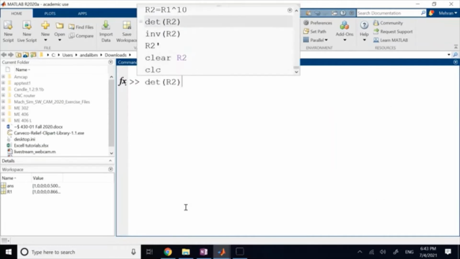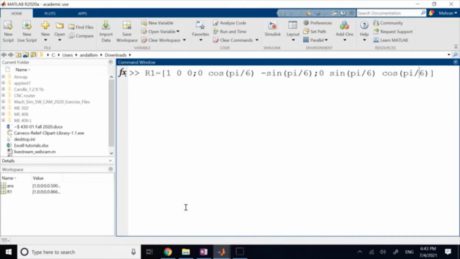So let's say this R1 was the X rotation. Now I define a Y rotation. I call it R2, or maybe let's just call it Ry. Why should we call it R2? So this is a form of cosine of the angle, and for this one let me use a different angle, pi over maybe 4, and then you have 0, and then sine, and then 0, 1, 0, and then negative sine, 0, and cosine.